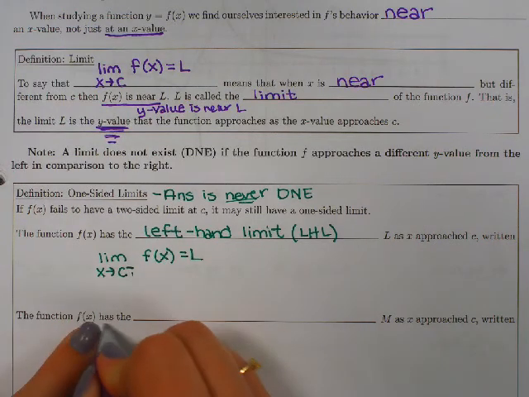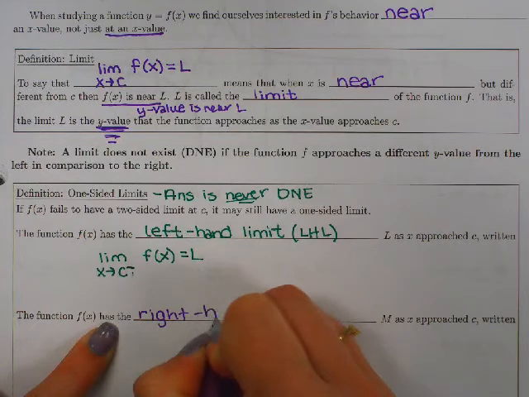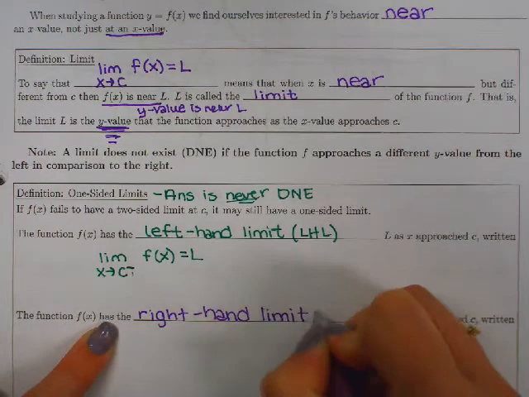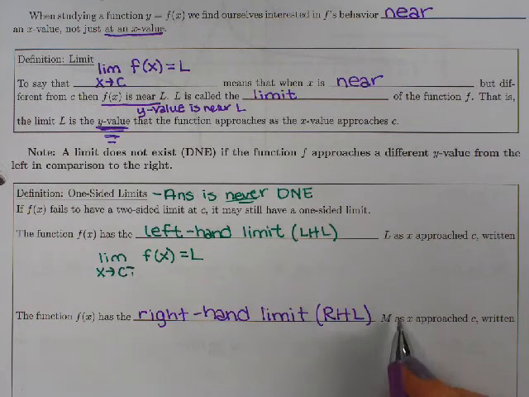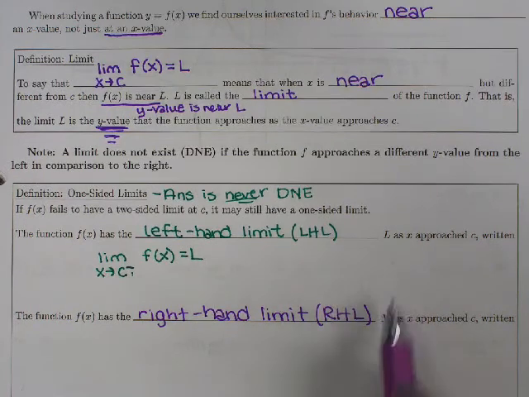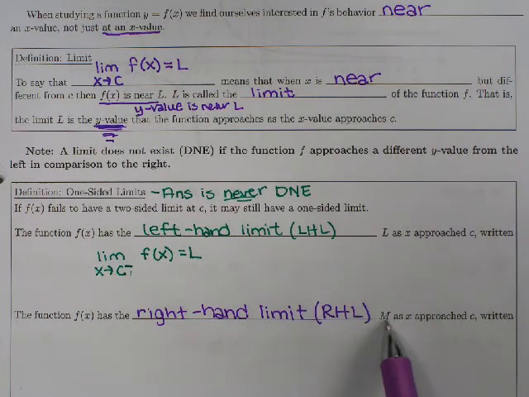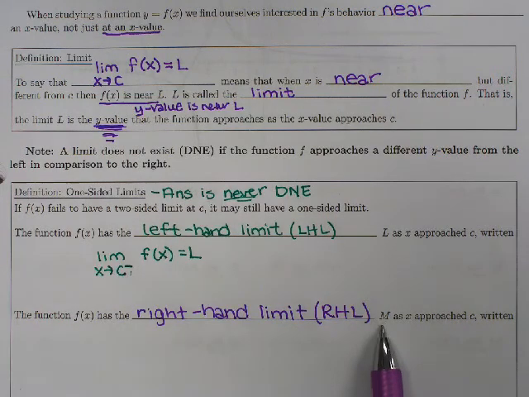If we compare that to a right-hand limit, the function f of x has the right-hand limit, which I would normally just write as RHL, M. And I'm not using the same letter because they're not necessarily the same number, right? This could be 7 and this could be 10, and then the two-sided limit would be DNE because they're not the same.